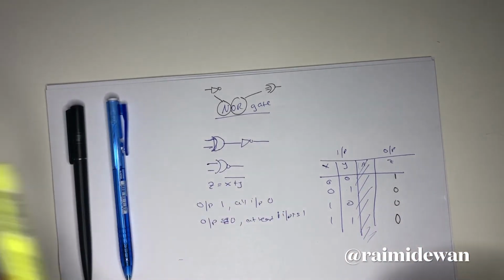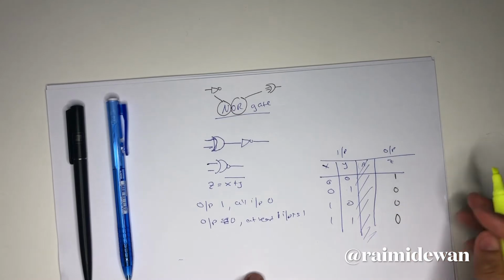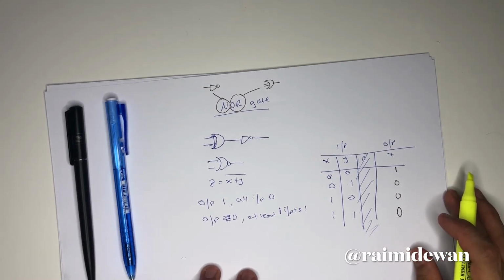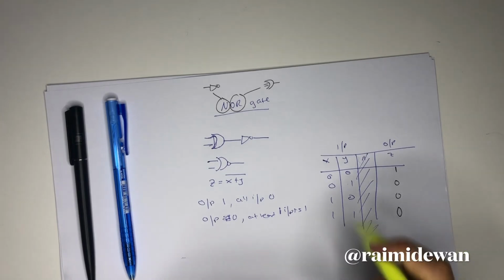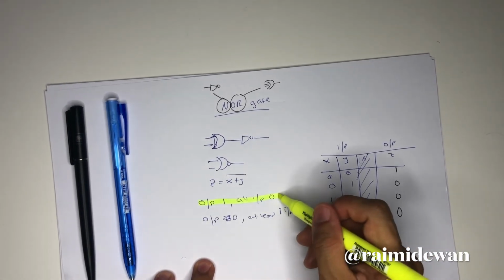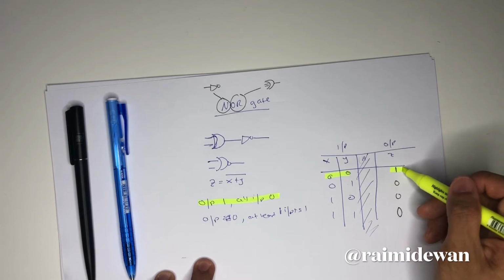So you can see that output is 0 when at least one of the inputs is 1, but you have output as 1 when all inputs are 0.